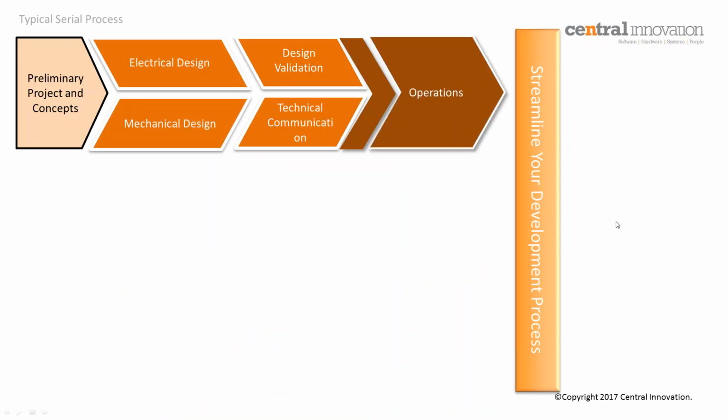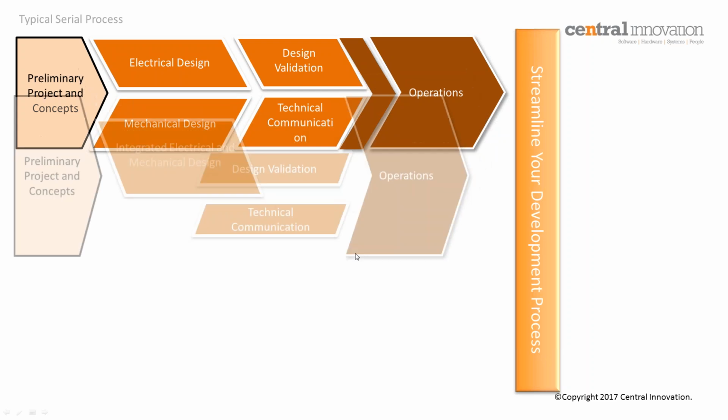In this regard, if you look at the traditional serial procedure, we have the concept, which goes to either electrical or mechanical design. We go for design validation and technical communication, then it goes to operation.